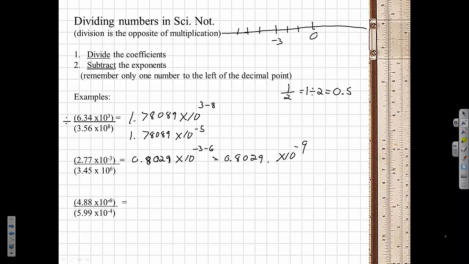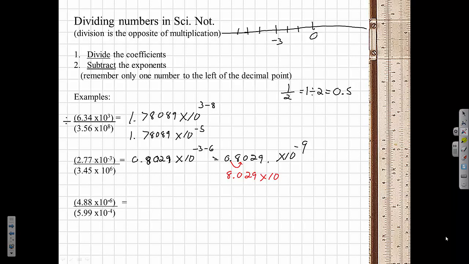Okay, that looks better. All right, so there's an issue here again. We've got the coefficient right finally. We've got our exponent, but this is not in proper scientific notation, so we're going to have to move the decimal this way. We want one non-zero number, something other than 0, to the left of the decimal. So this is going to be 8.029 times 10 to the what?